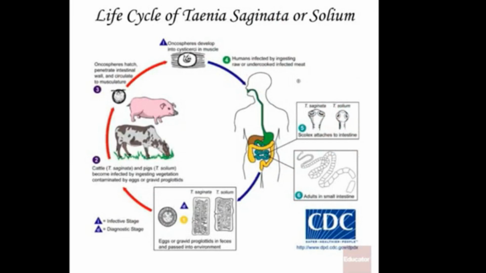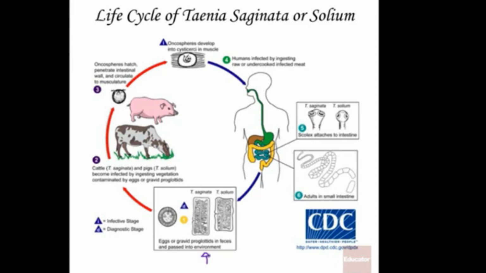So here's a picture of the life cycle. You might want to say, well, gosh, how on earth can we get a tapeworm? Well, you can actually get a tapeworm from eating undercooked meat, both beef or pork. So we'll start at the beginning. These proglottid segments are shed in the feces of a human and can be passed into the environment.